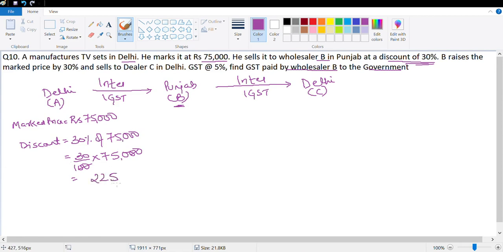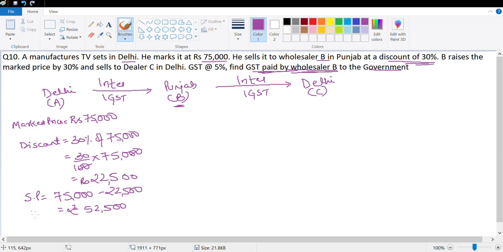So 225 with two zeros. So the discount is 22,500, which means selling price is equal to 75,000 minus 22,500, which is equal to 52,500. Let's just confirm 70, 74, 75. That's correct.